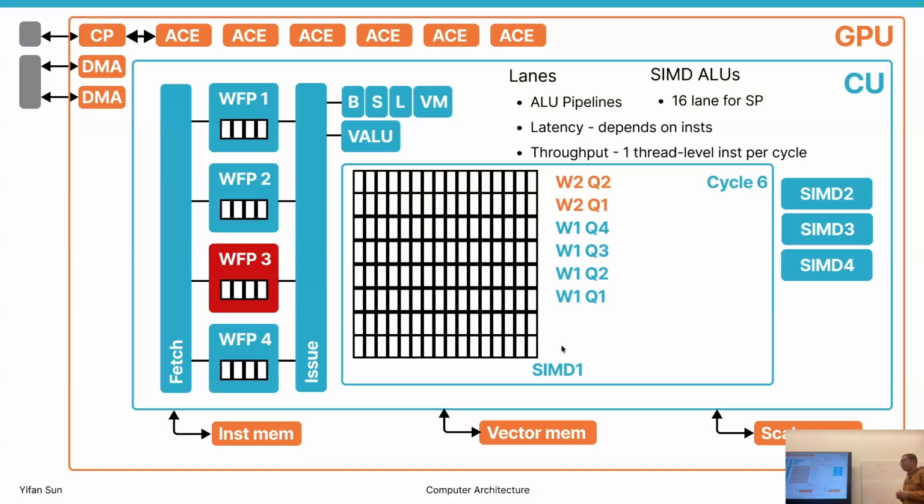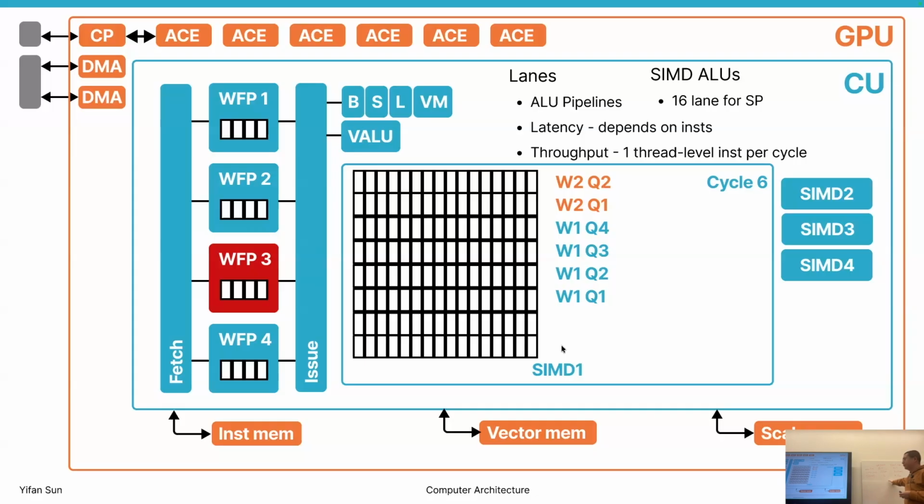Because you don't have this 4 cycle thing. In this case, every 4 cycles is issued to the same SIMD unit. Here, you have to issue every cycle to every SIMD unit. So for every SIMD unit, you have to have an issuer of its own so that you can keep the SIMD unit busy, because it only takes 1 cycle to calculate that warp.